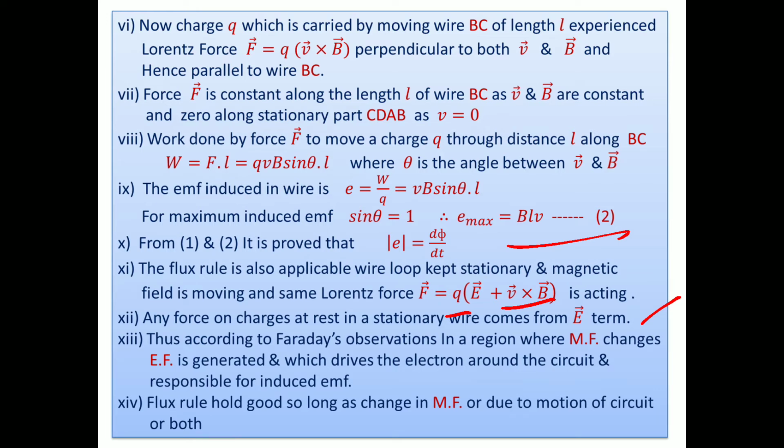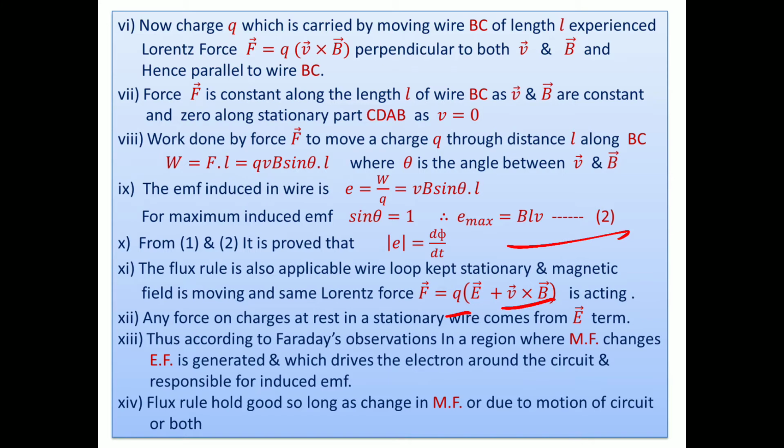It doesn't matter whether the loop is moving, or the magnetic field is moving, or both are moving; the flux rule is applicable, since there is relative motion. One is moving and the other at rest, or both are moving, away or towards, doesn't matter.